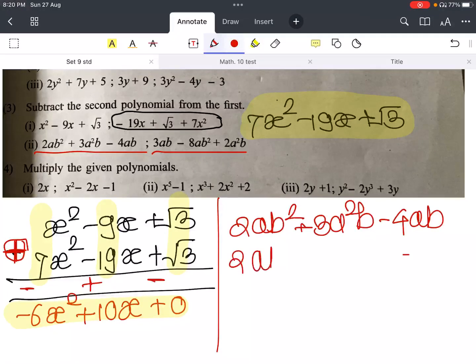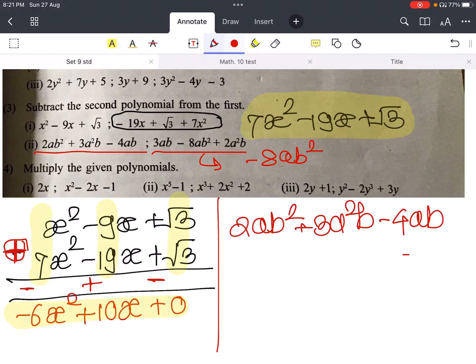So twice of ab square means this term. Next one, a square b. Okay. So we will convert this first to ab square. So where is ab square? That is right here, minus 8ab square. मेरे को standard form में convert करना पड़ेगा.